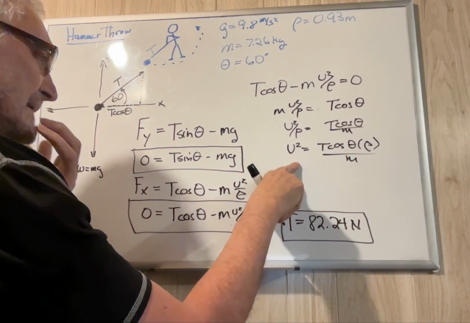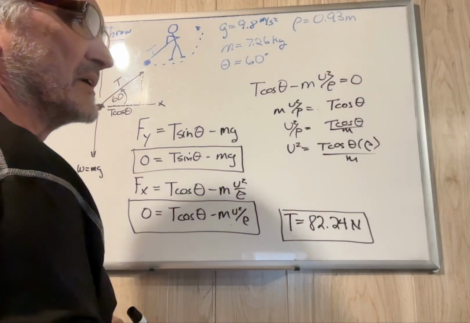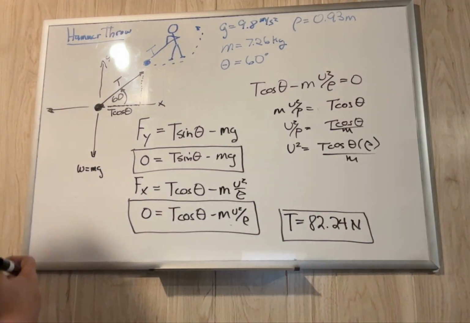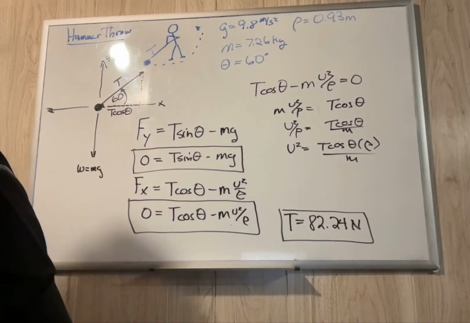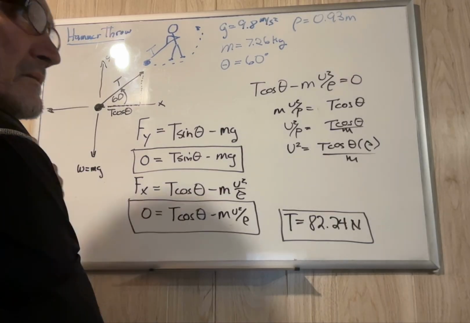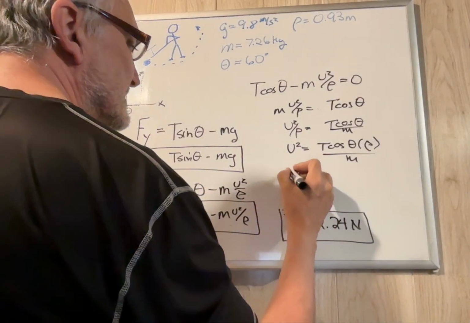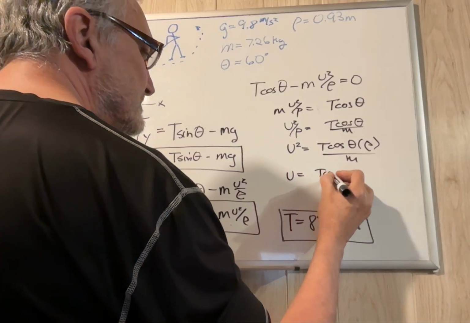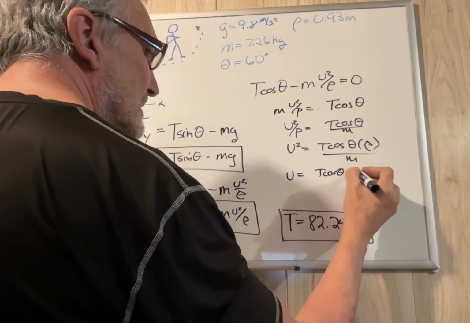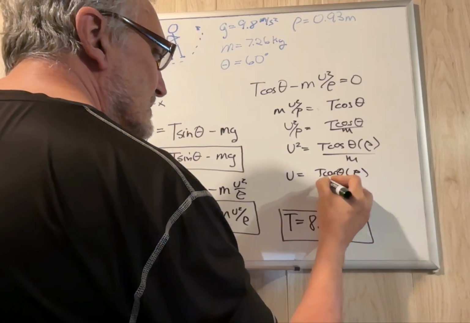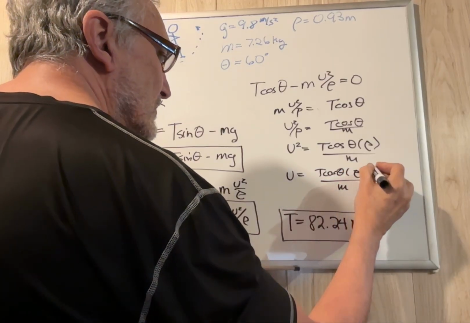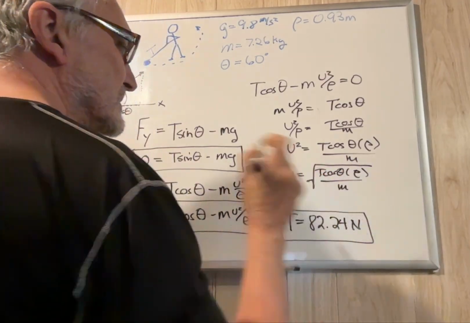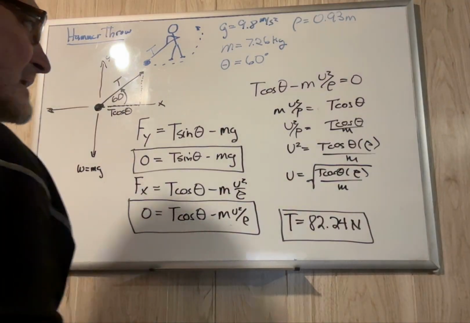Take the square root of both sides. In the square root, in this case, you're going to take plus or minus, but we're not going to worry about the minus side because we don't have any negative velocities over here, so we're just going to look on the positive side. So velocity is going to be equal to the square root of T cosine theta times rho divided by m. Again, we're just going to look at the positive side.